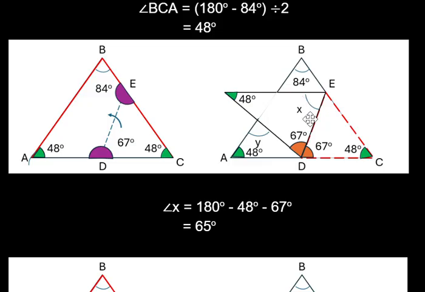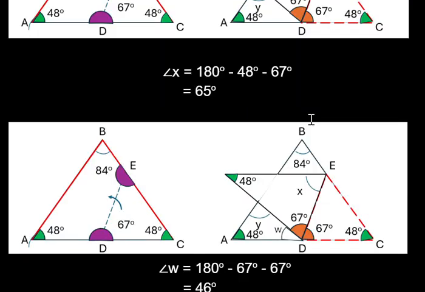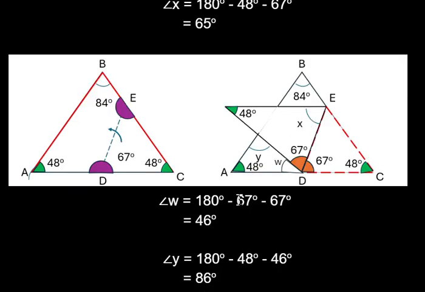The next thing is that we need to find angle Y. From here we know this is 67, this is 67, and just now we already know that ADE is a straight line, which means that this whole place is 180 degrees. If I know that this is 180 degrees, I can find angle W. 180 degrees minus 67 minus 67, I got 46.